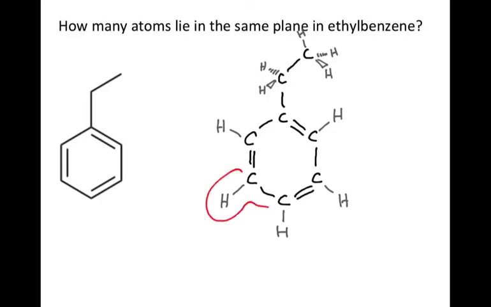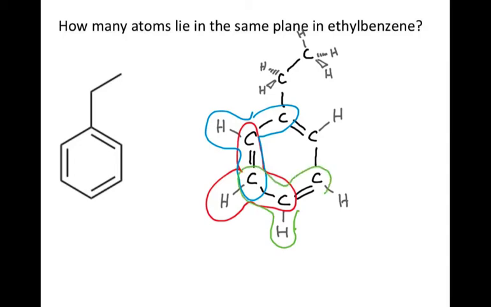And so the fact that this is in a plane overlaps with this plane here, which then overlaps with this plane over here. You can go all the way around the ring, and since these planes overlap, and critically you cannot rotate around this double bond, that means that this entire ring is going to be planar.